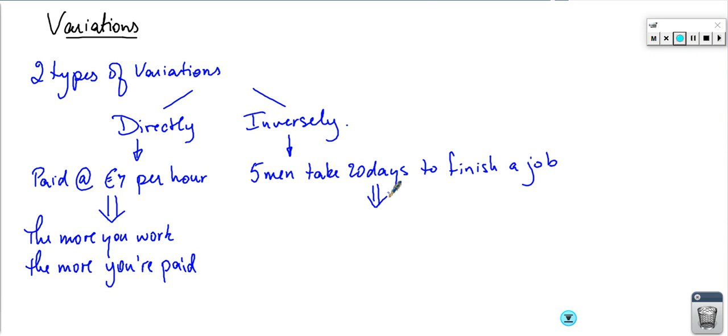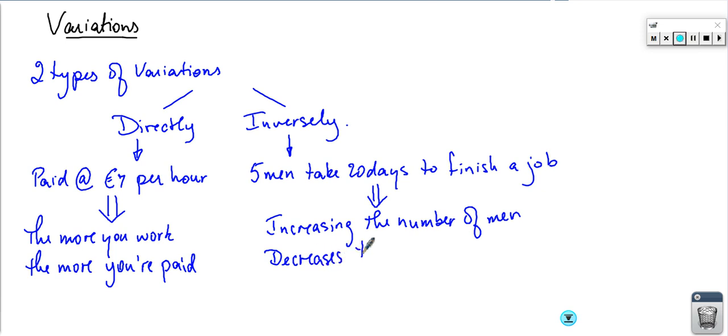This means that increasing the number of men on the job will decrease the time taken to finish the job. Here we have an inverse variation. Increasing one variable decreases the other variable. It could have been the other way around: decreasing the number of men will increase the days to finish the job. So direct and inverse are our two types of variations.